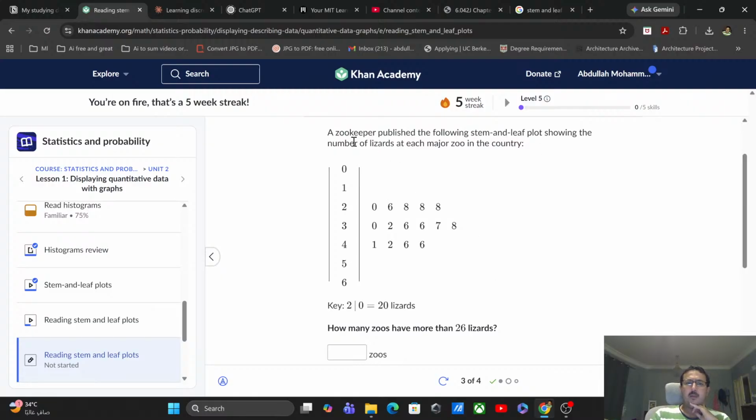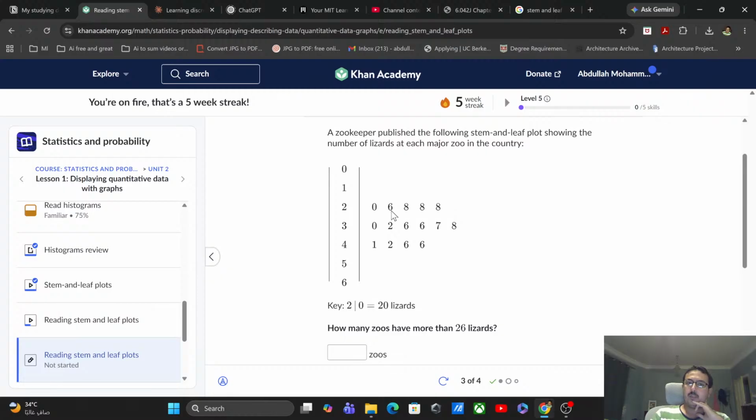A stem and leaf plot showing the number of lizards at each major zoo in the country. How many zoos have more than 26 lizards?